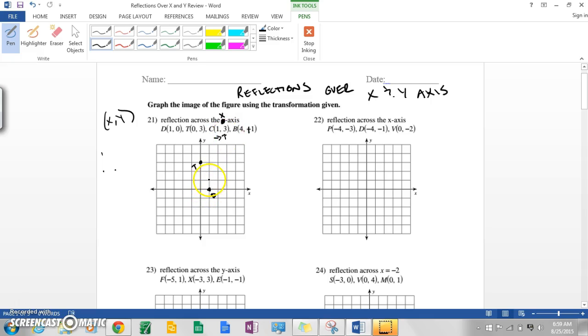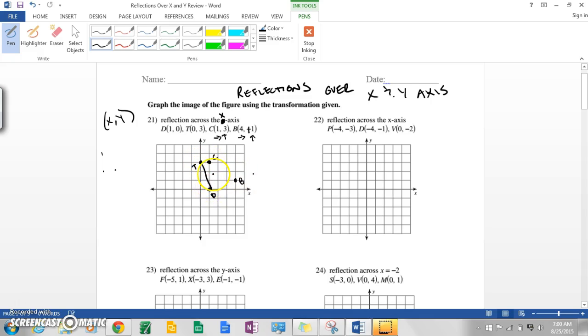To the right 1, up 1, 2, 3. C here. And then B, we have 4, +1, so to the right 4, and up 1. 1, 2, 3, 4, 1. B here.